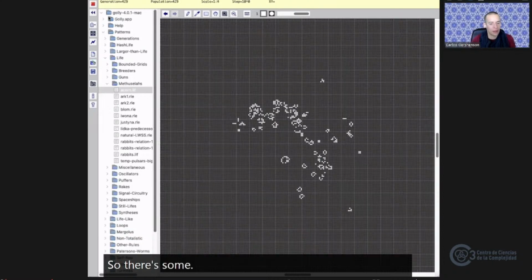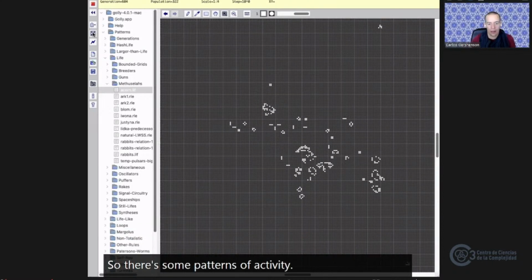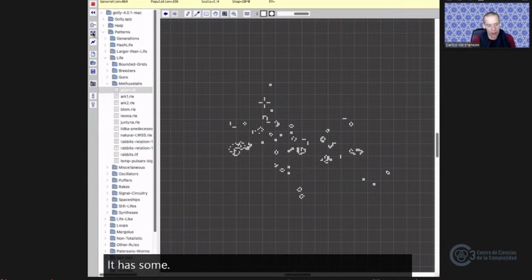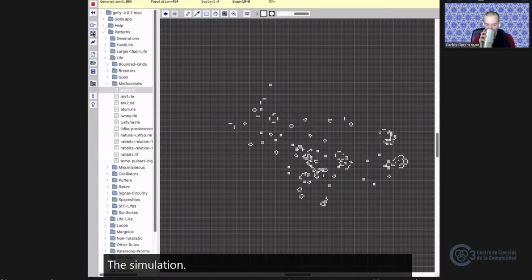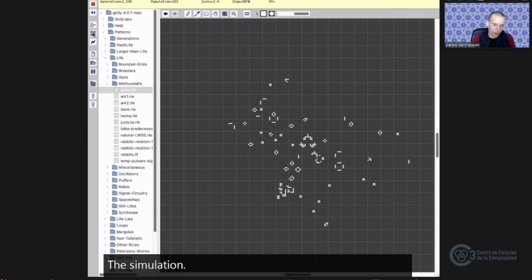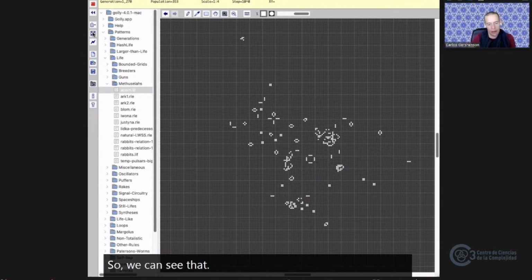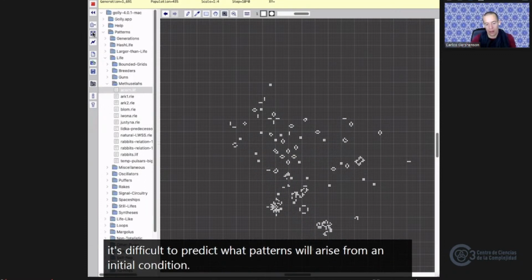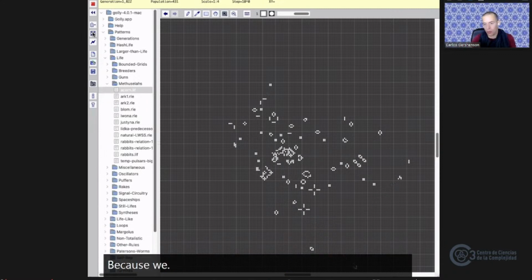So there's some patterns, some activity, some gliders going to infinity. The simulation has open boundaries. So we can see that it's difficult to predict what patterns will arise from an initial condition because we have to go through all the intermediate steps.